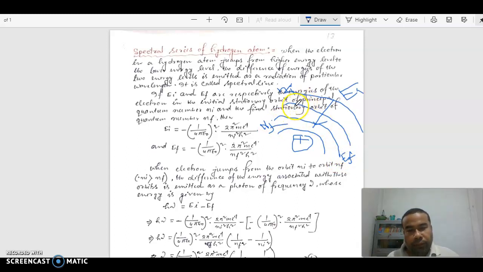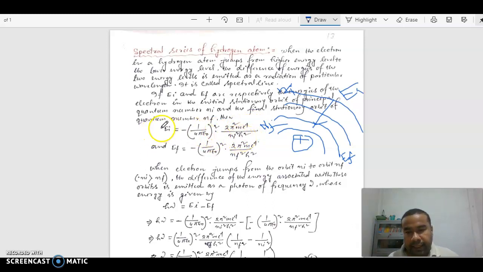As we know, the total energy of the electron in the nth orbit is given, so since the electron is in the orbit of energy Ei, the energy Ei is equal to minus 1 by (4 pi epsilon naught) whole square, 2 pi square m e to the power 4 by Ni square h square.